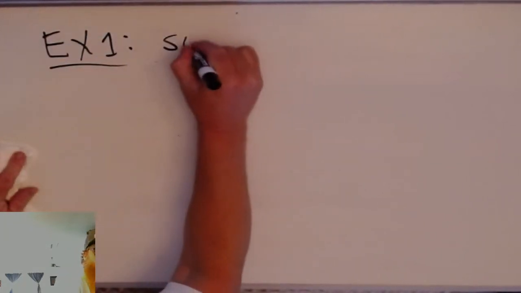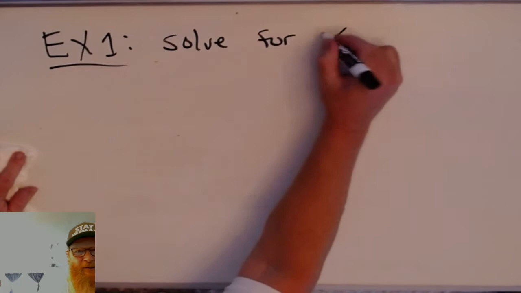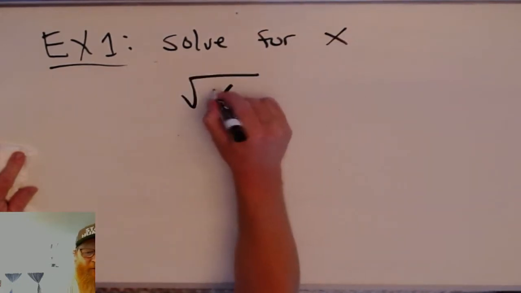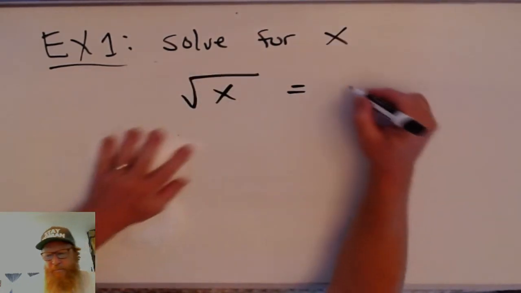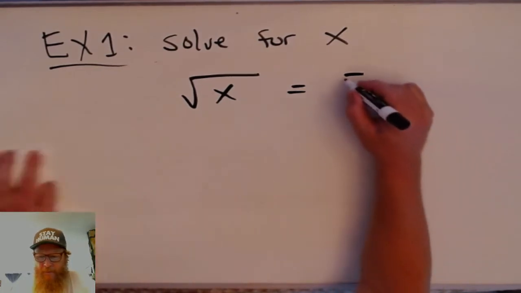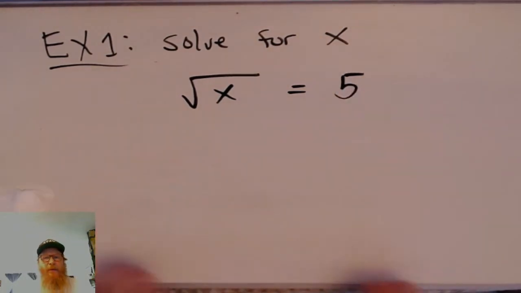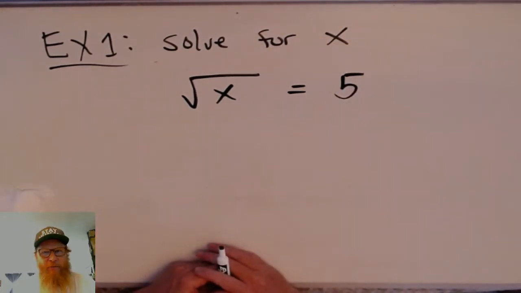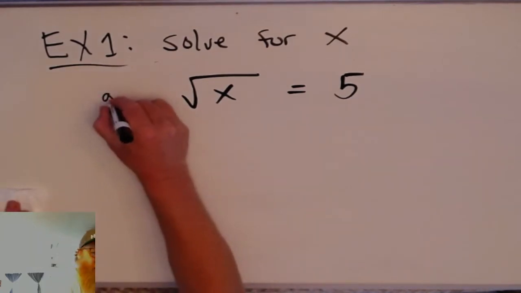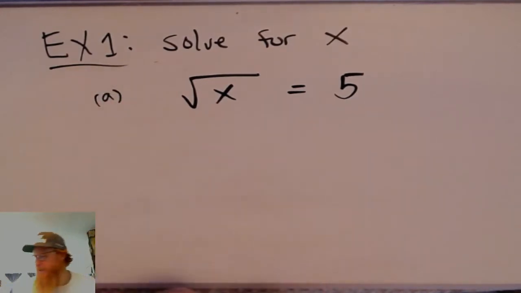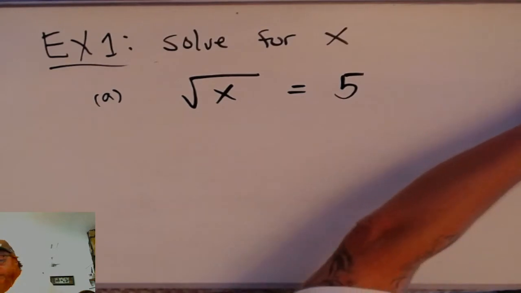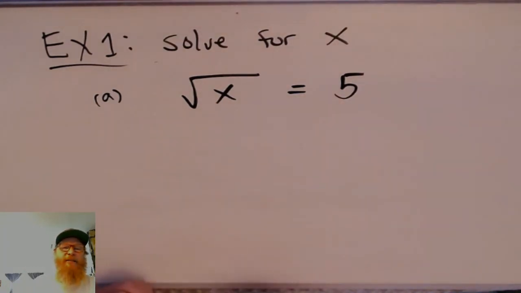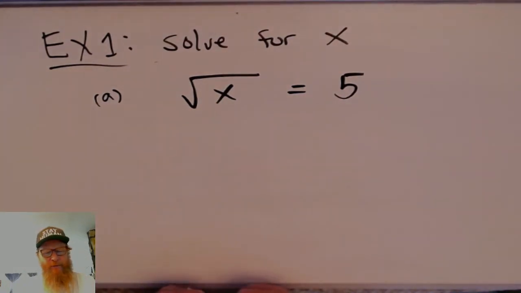Example 1, solve for x. Let's call this part A. The square root of x is equal to 5.